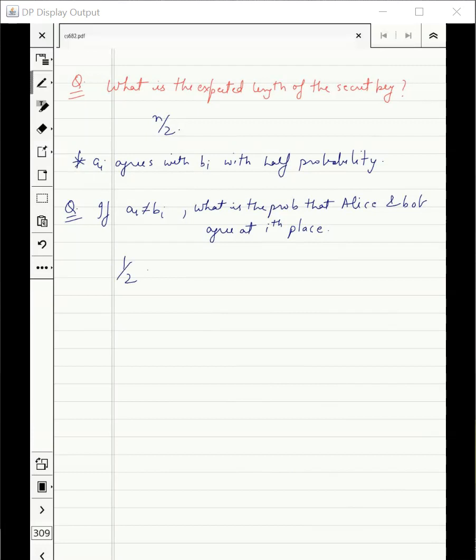If we measure plus or minus in the standard basis, it will always be half with 0, half 1. Similarly, if we measure 0 and 1 in the Hadamard basis, it will be 0 with probability half, 1 with probability half. That is why it doesn't matter what was the value of AI or BI. If they disagree, then Alice and Bob agree at the ith place with probability half. It doesn't matter because we are going to anyway discard these places. These will not be part of our C.